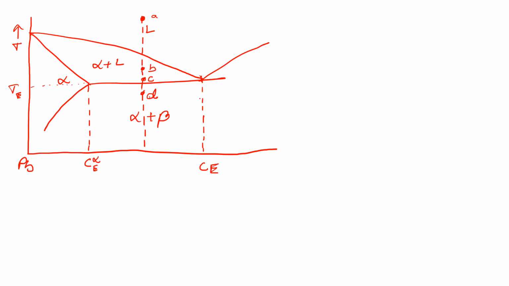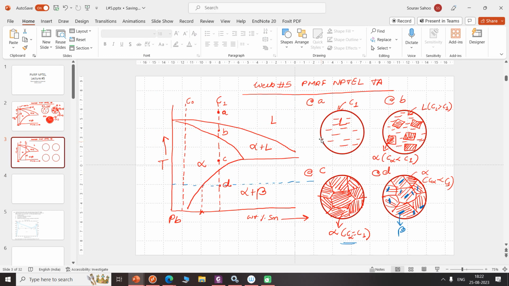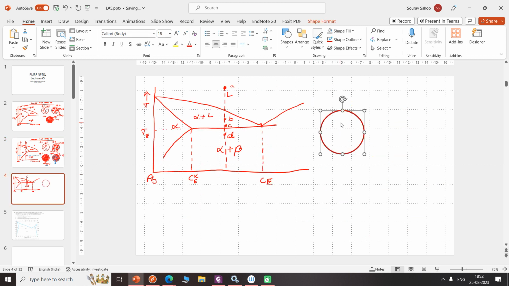So to draw that, we again need to have the phase windows.